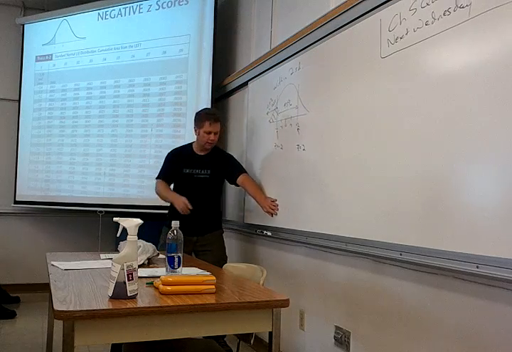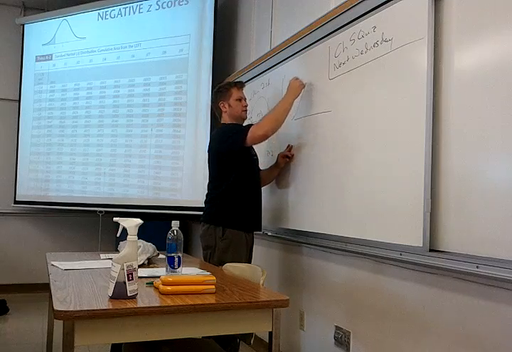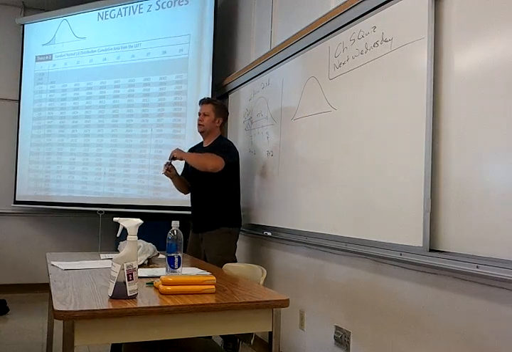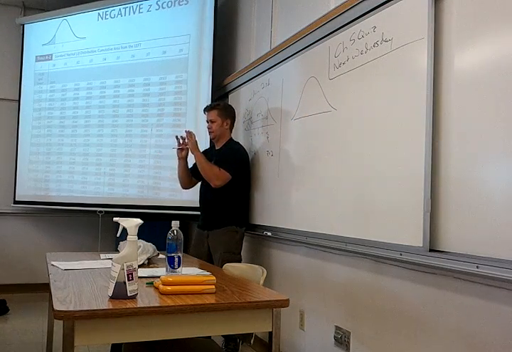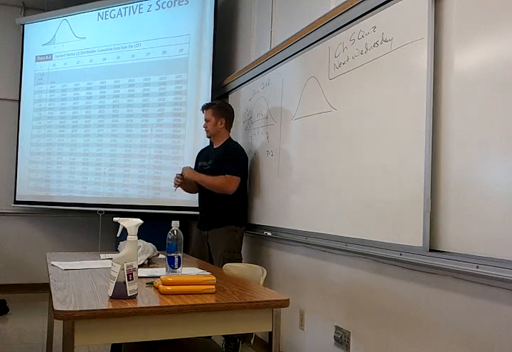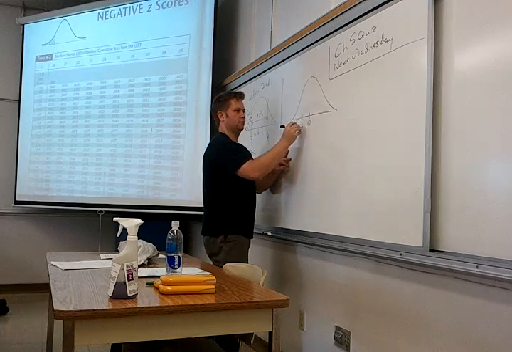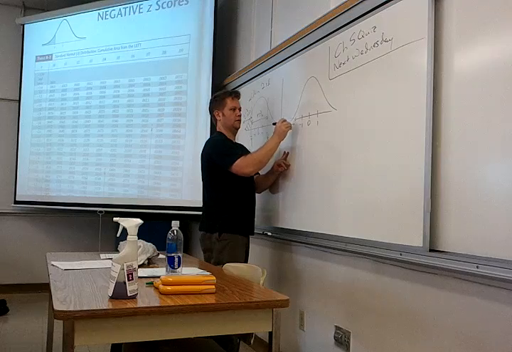Let's do one more and then I'll let you guys out. Let me show you exactly how you should do this. This is maybe a little more than a suggestion, but not quite a requirement. If you don't do this, you're probably going to screw up.